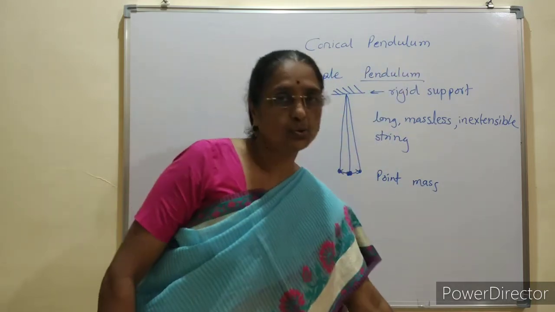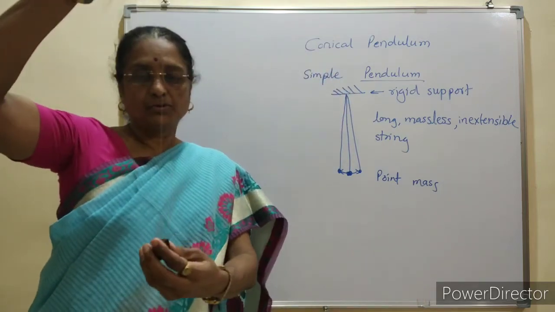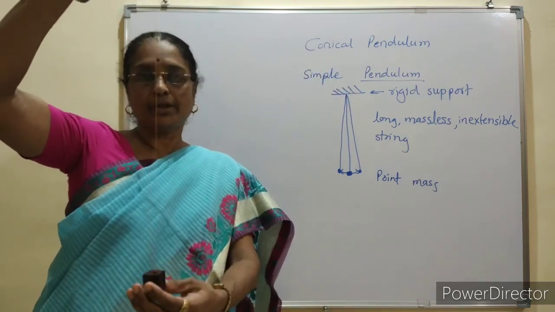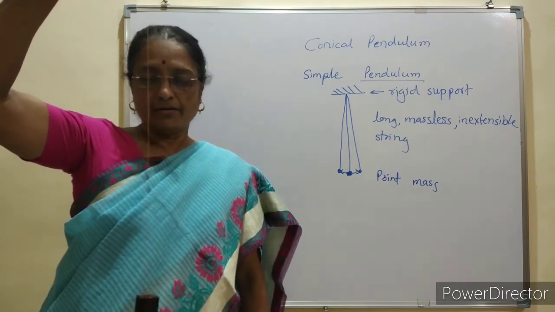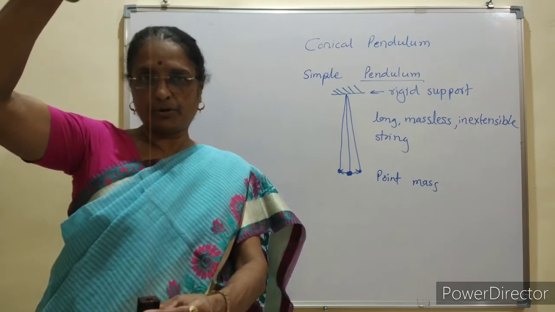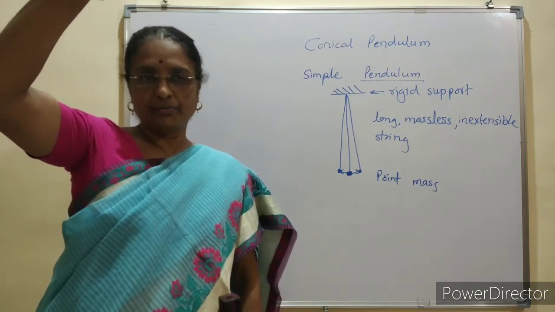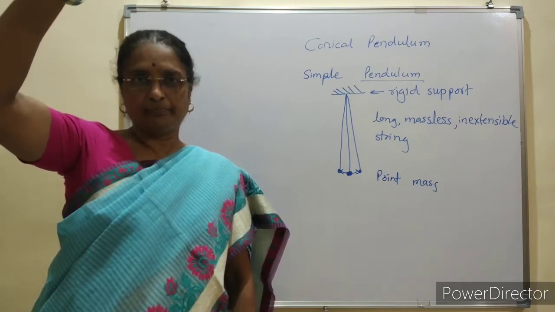So I try to demonstrate that simple point here. Suppose practically we have a thread as a string and the point mass I have taken in the form of a cubical mass. If it is made to oscillate in this way, then it is a simple pendulum.